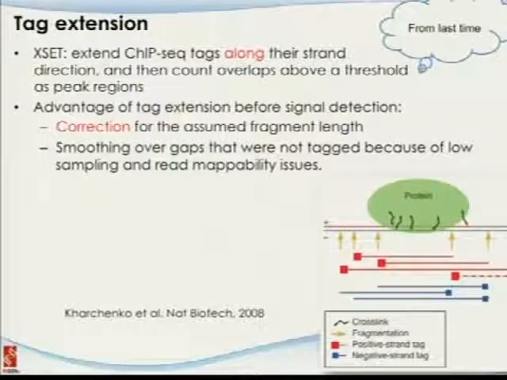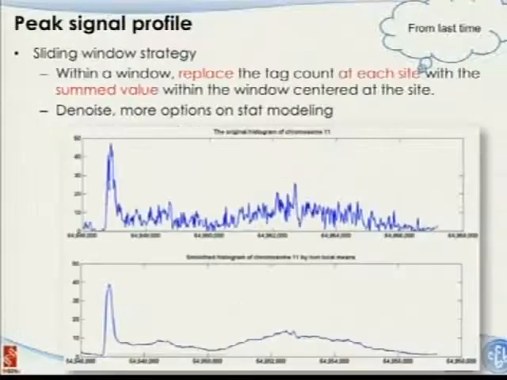Remember when we talked about DNA sequencing at the very beginning, we talked about mappability. If it's not mappable for that particular region, you probably don't see any signal there. But when we do this tag extension, that part will be fixed, and the gap has been glued together. So, two different approaches: tag shifting and tag extension.